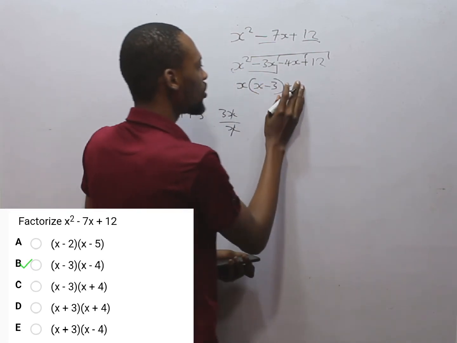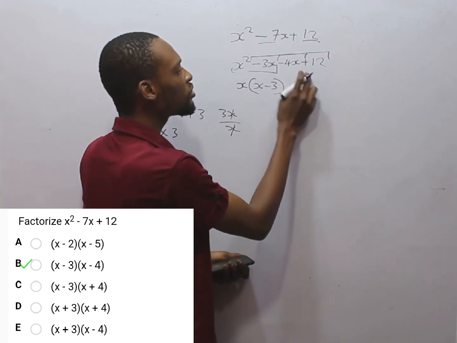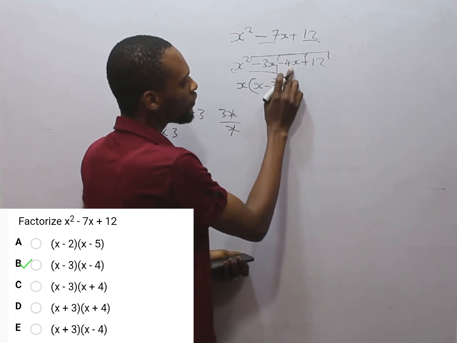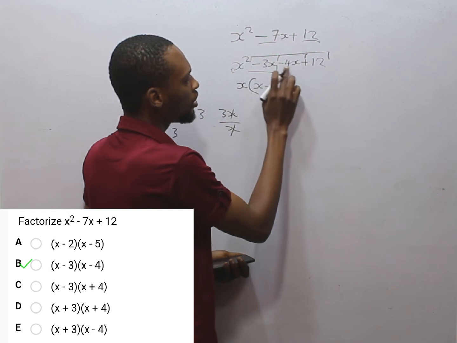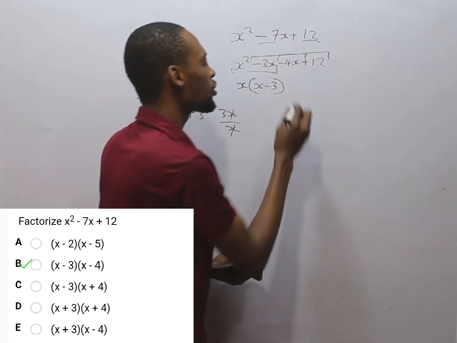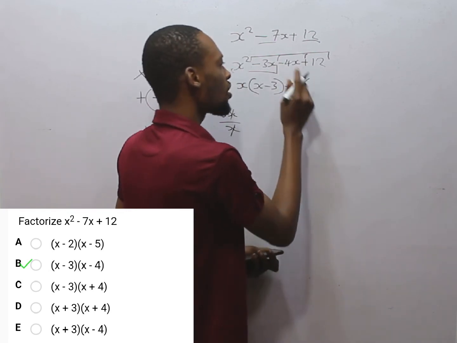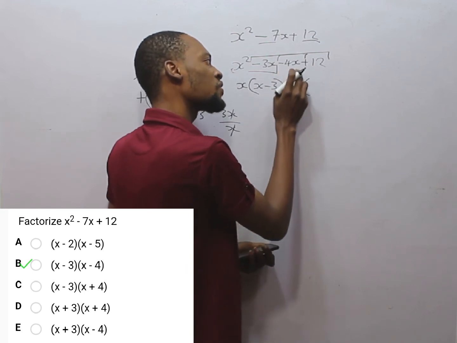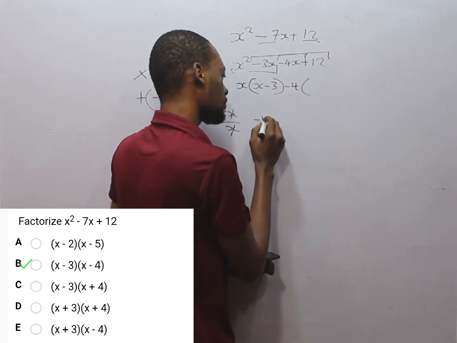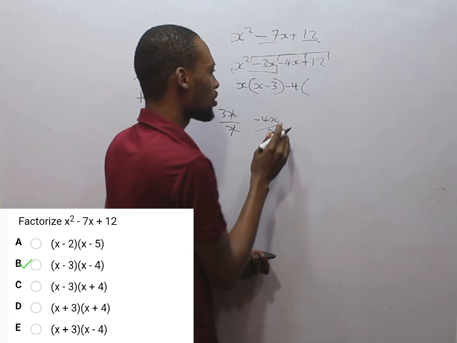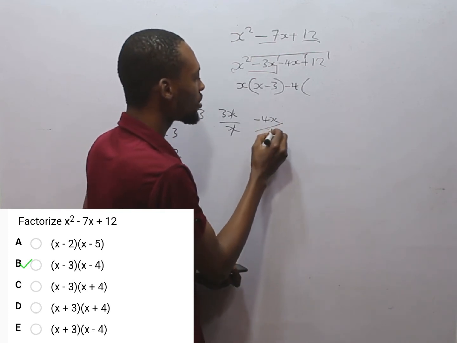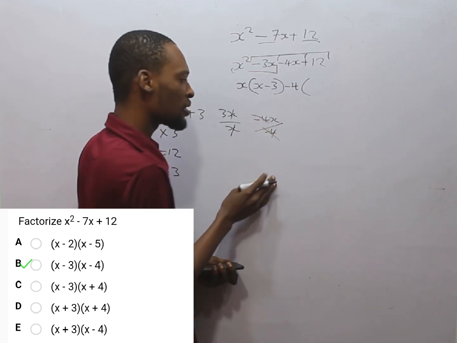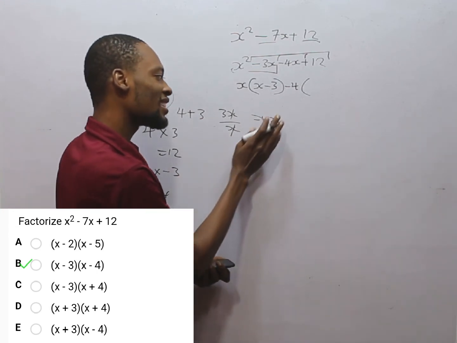Now, what is common between these other two? It is simply 4 here, 4 here. Minus 4 is common. So if I bring out minus 4, minus 4s divided by minus 4 is s. Minus 4 divided by minus 4 is 1, 1 times s is s.